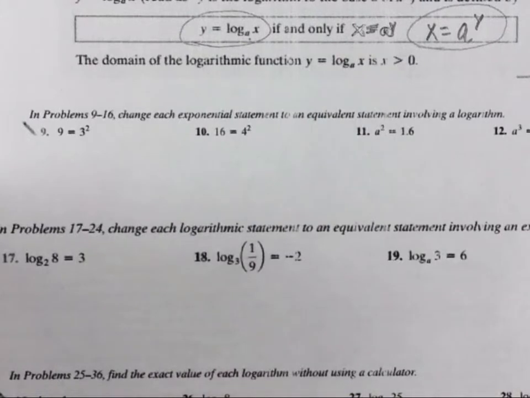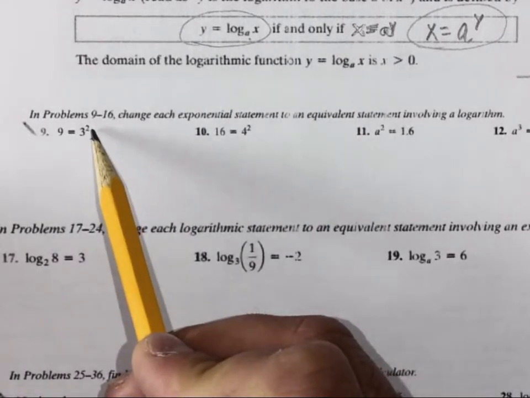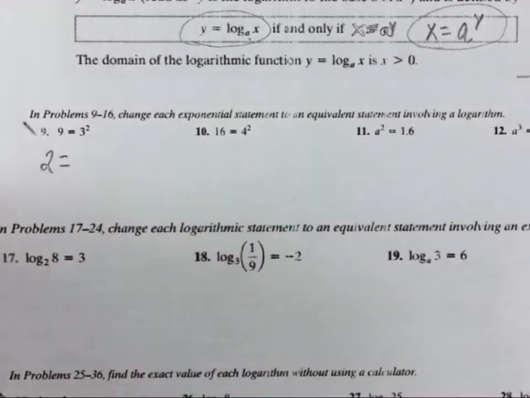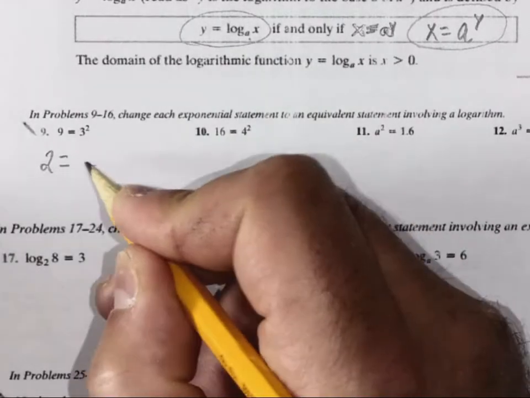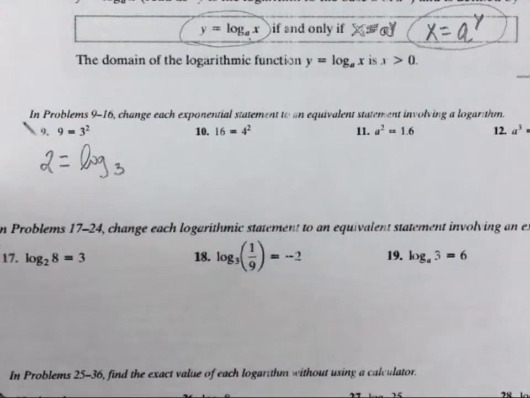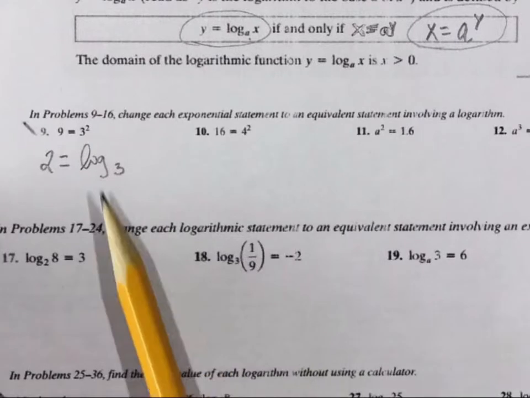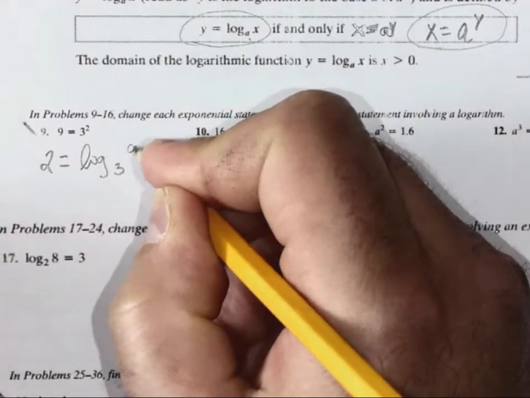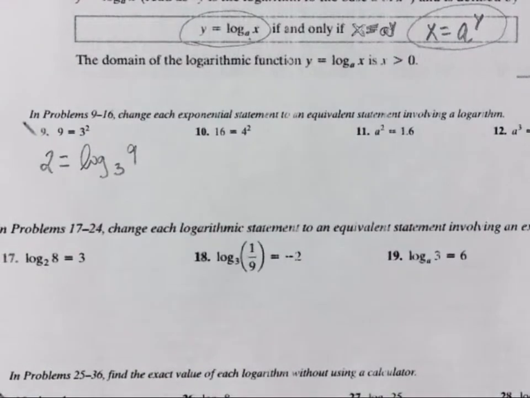So notice that the exponent is what my logarithm is equal to. So I'm going to do 2 equals, so that's the y, if you're following along with the format up here. The log base and the exponential base are the same, so that's going to be a 3. And then what the exponential is equal to is what I'm taking the log of, so the 9 goes there.